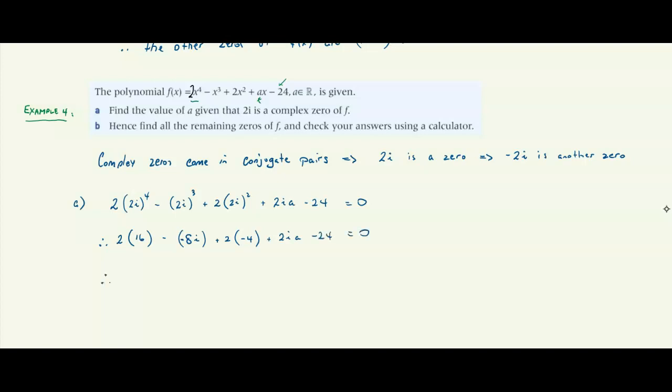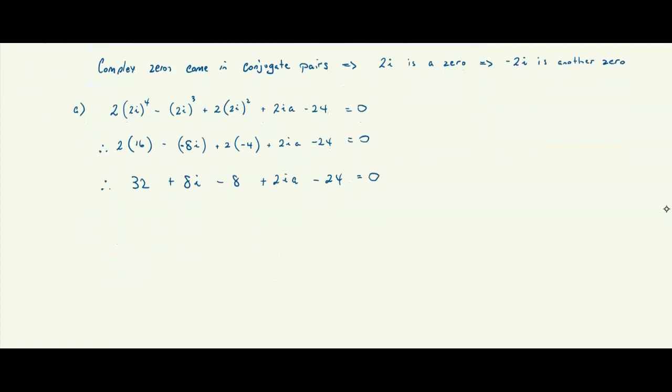So therefore, I've got 32 here, plus 8i here, minus 8 here, 2ia here, and negative 24. All that's got to come to 0. Now, 32 minus 8 is 24, minus 24 is 0. So the reals cancel themselves out.